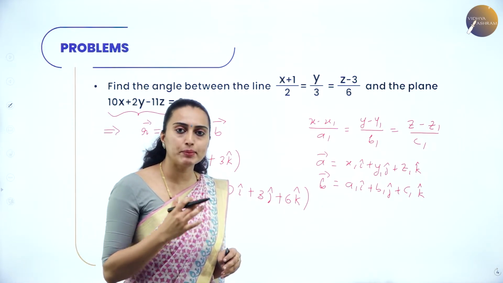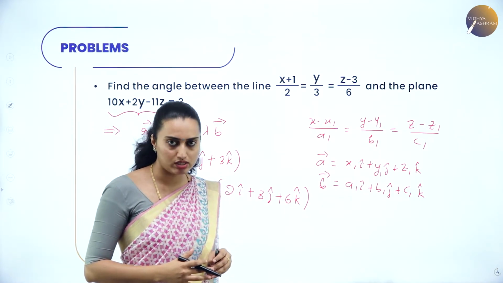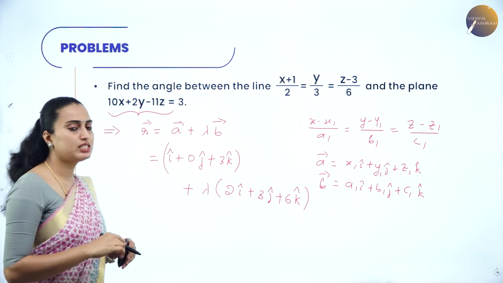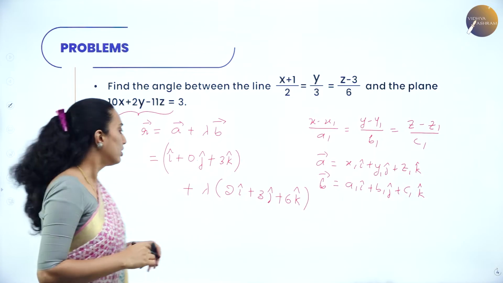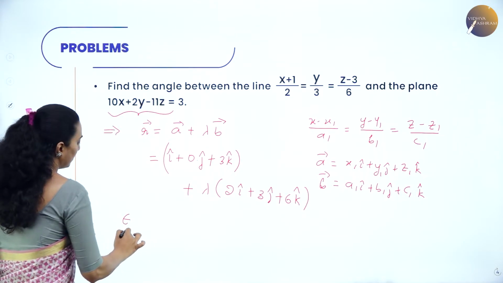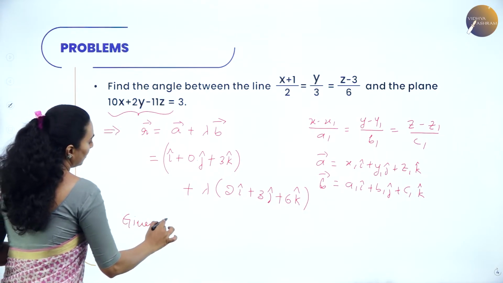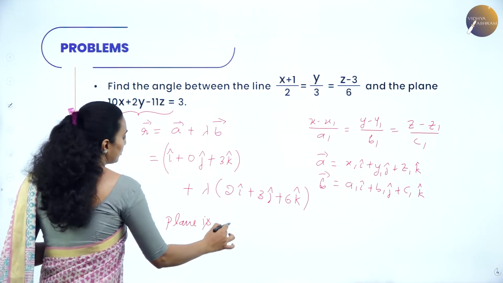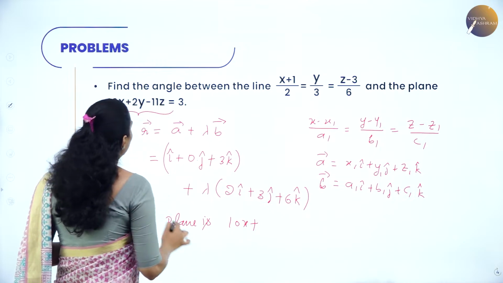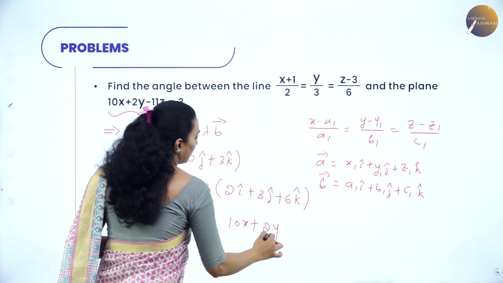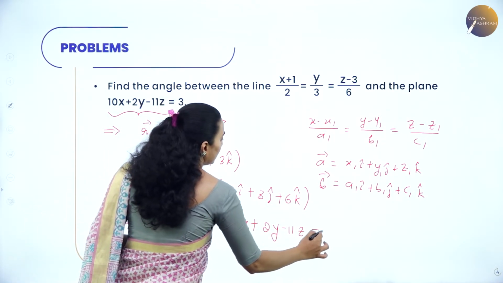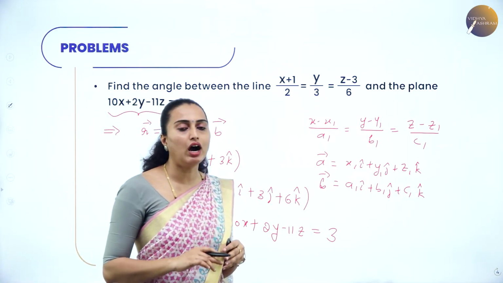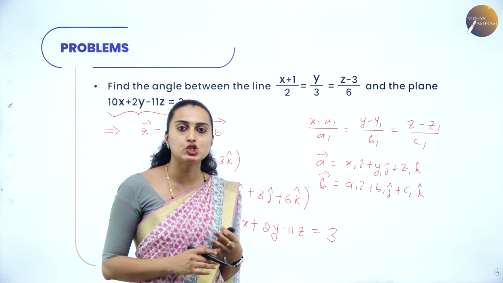Now, what is the plane they have given, dear students? The plane they have given here is 10x plus 2y minus 11z is equal to 3. Now you can compare with r dot n vector is equal to d.